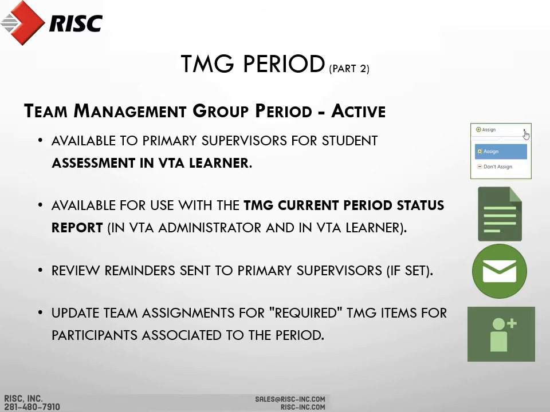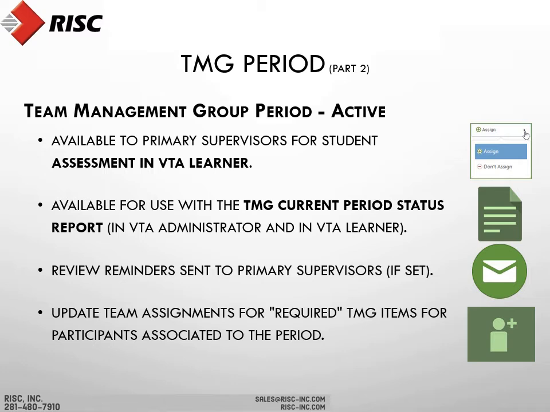When a TMG period is active, between the start and end dates set on the period, the following team management functions are available. Primary supervisors or their delegates can make changes in Learner. The TMG current period status report can be used in Administrator and Learner to monitor progress on approvals and list what is currently assigned versus any draft values set for each TMG item.